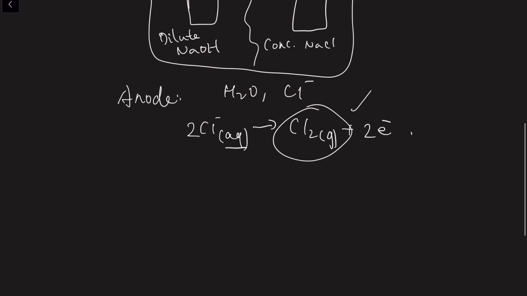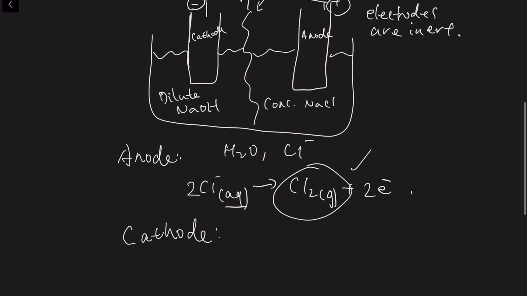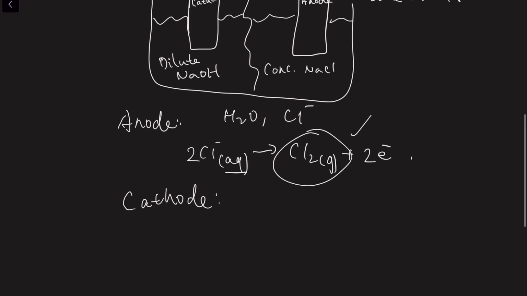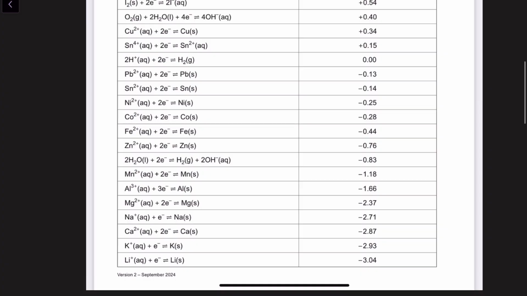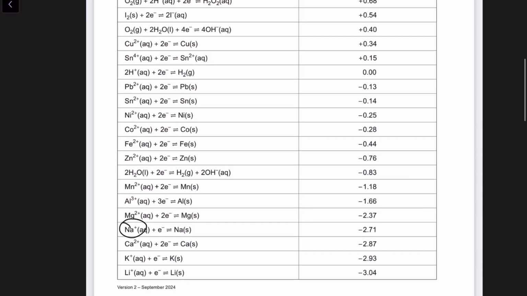And also, from the cathode reaction, some of the possible reactions could be sodium being reduced or water being reduced. So let's have a look at which reaction would occur. So sodium ion is towards the very bottom, and water is above sodium ion.